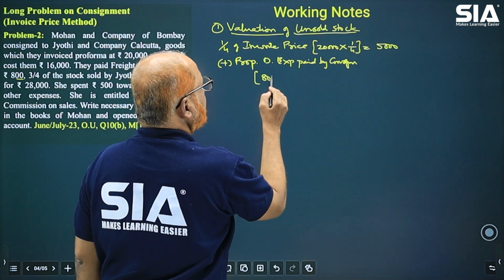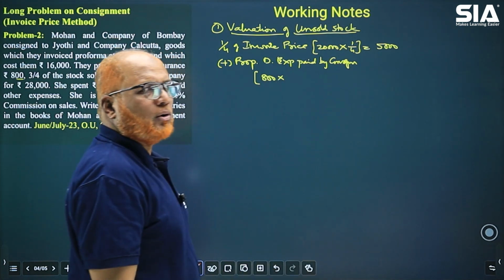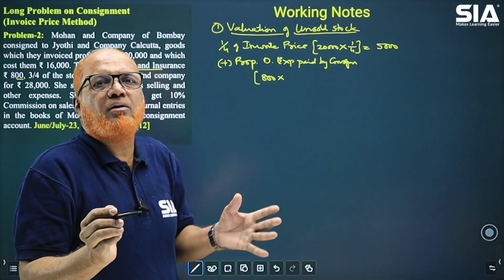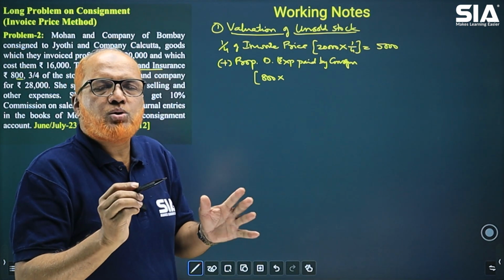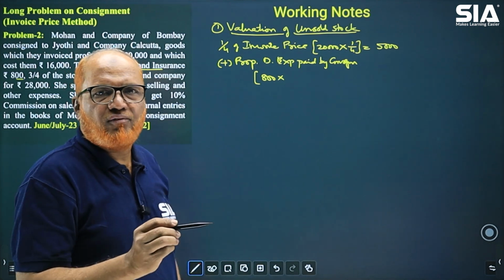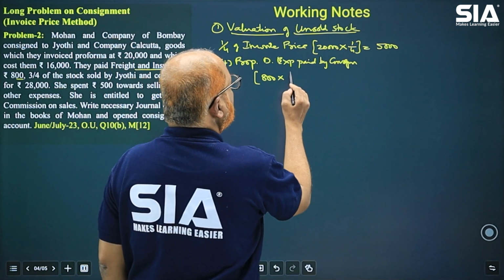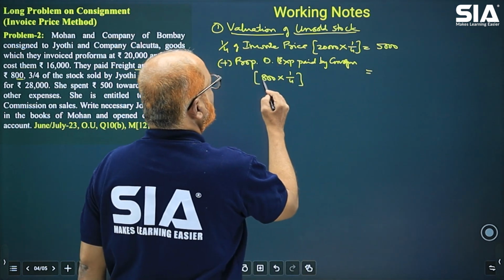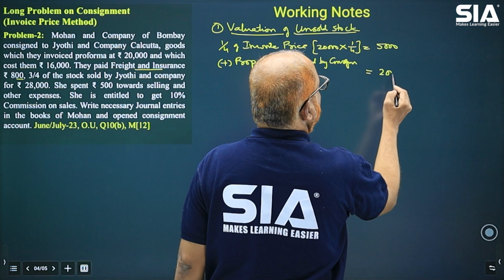He has paid 800 rupees, but we should take the proportionate amount. This 800 was incurred on the entire goods sent, but only 1/4 of the goods are unsold. So 800 into 1/4 comes to 200.